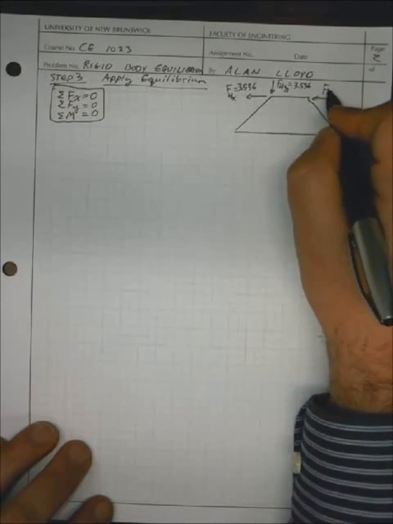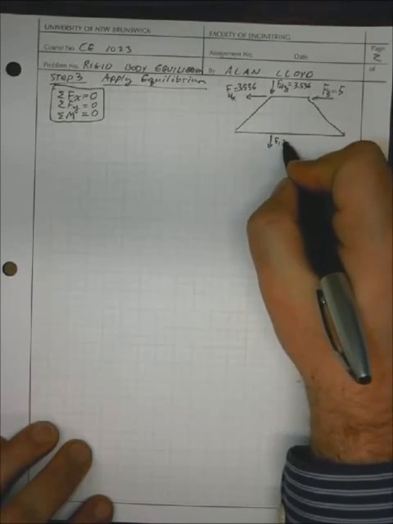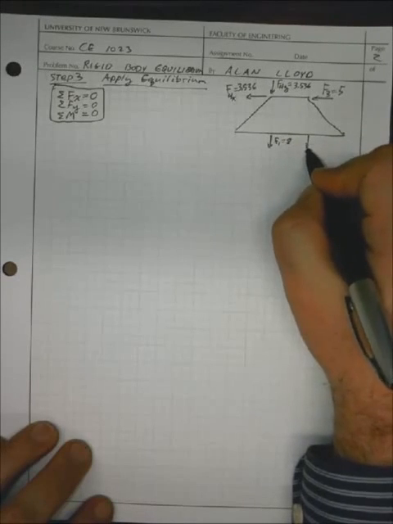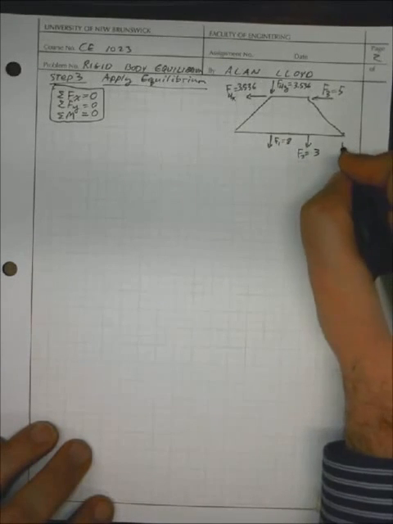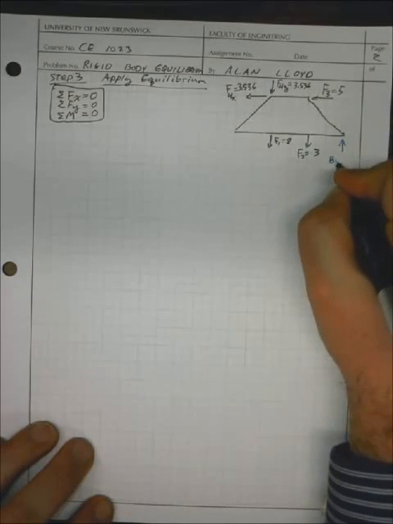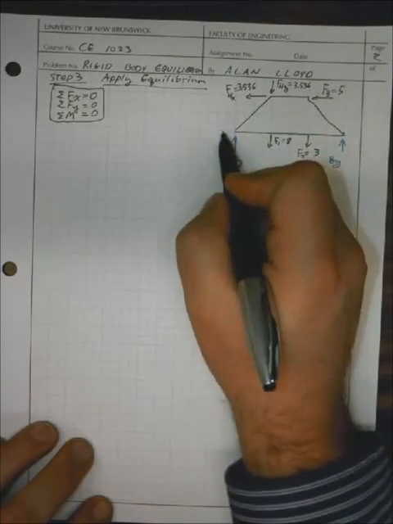We have F3 is equal to 5. We have F1 is equal to 8, and F2 is equal to 3. And then we have our unknowns. We have BY, we have AY, we have AX.